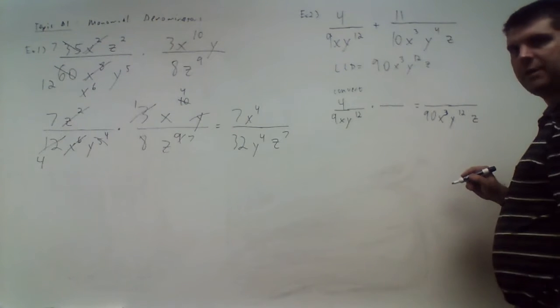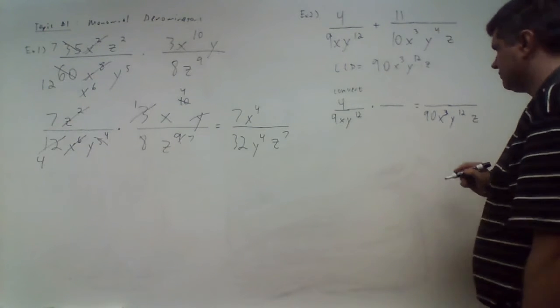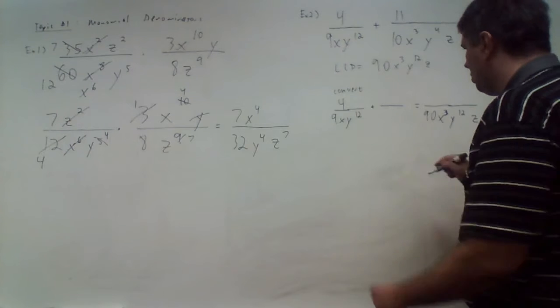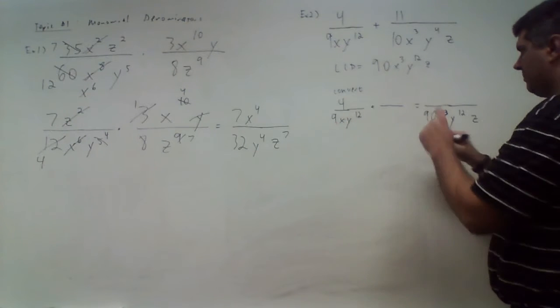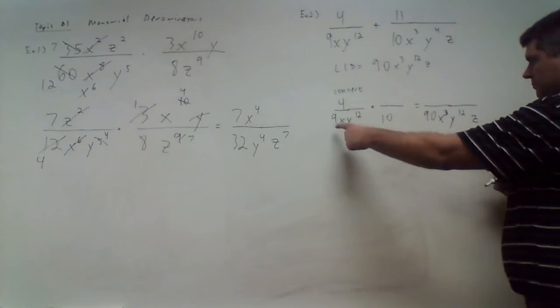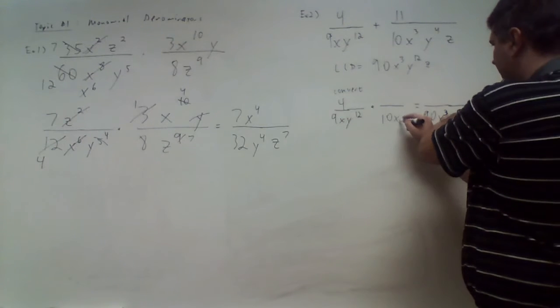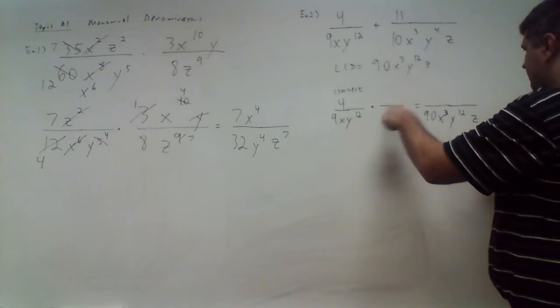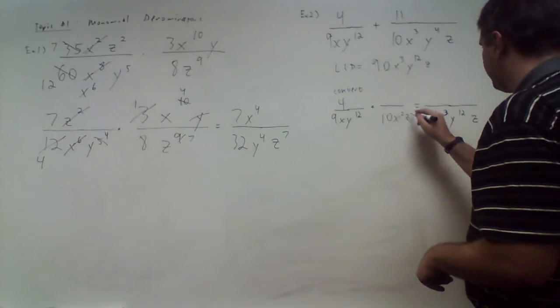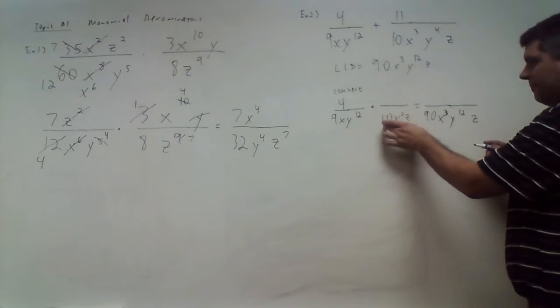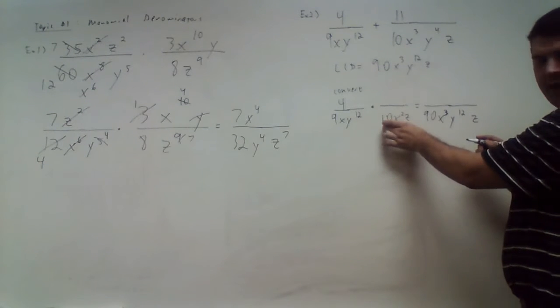Okay? To get from 9 to 90, we need to multiply by 10. To get from x to x cubed, we need to multiply by x squared. And to get from no z to a z, we need to multiply by z. Now, if I multiply the bottom by that, I need to multiply the top by it.